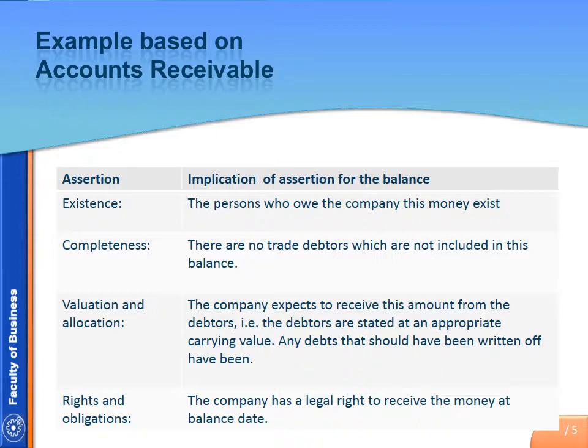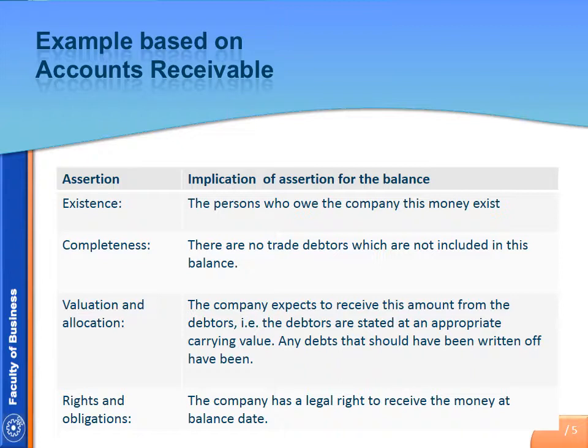When we're looking at assertions, we really need to consider what assertions could actually be wrong. And that depends on the type of the balance that we're looking at. So for example, with debtors here, if the company is under some pressure, then there is a potential for debtors to be overstated because this would make the accounts look better.